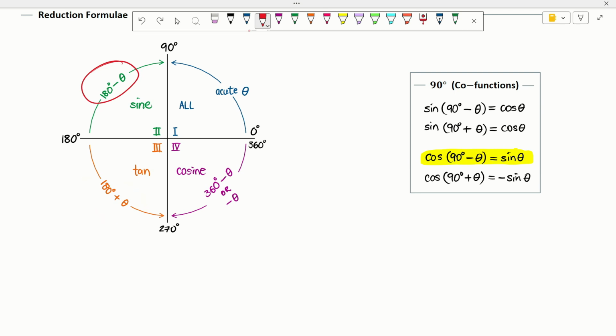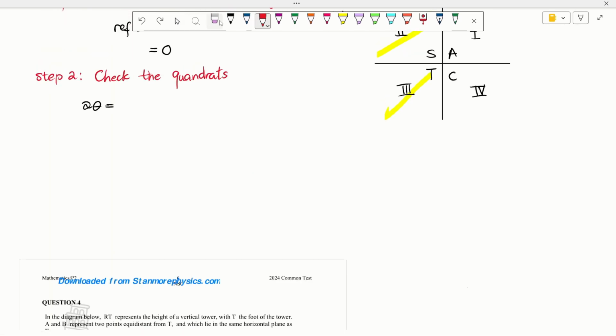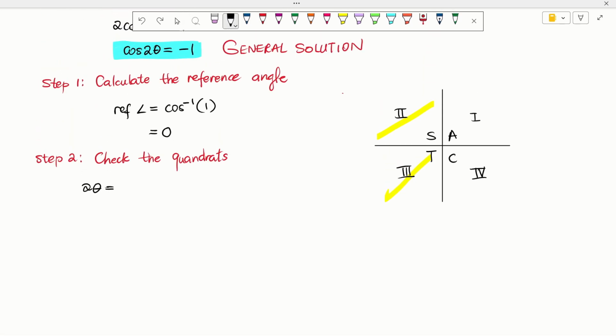So we go and use those quadrants and say, okay, for the second quadrant, I have whatever is inside. In this case, it's 2 theta inside. It could be theta, it could be x or anything, but whatever is inside is equal to 180 degrees minus the reference angle that I found. And the reference angle in this case is 0. So 180 degrees minus 0 is basically just 180 degrees.